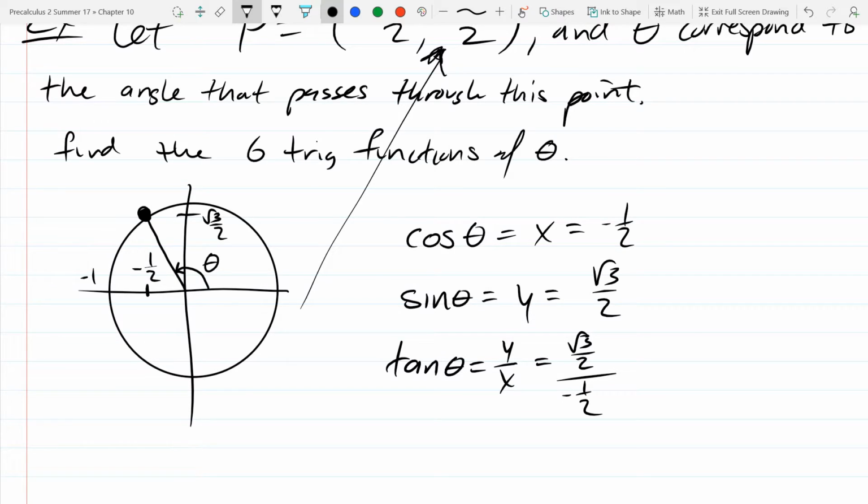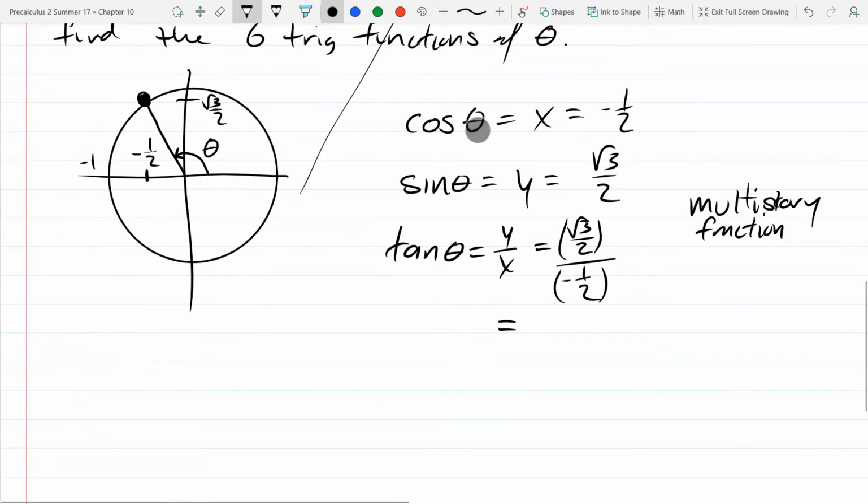Here we have a multi-story fraction. We have to deal with this immediately. Whenever you have a multi-story fraction, the first thing you have to do is take steps so you don't have one. So what we're going to do is multiply by the reciprocal, and I'll keep going downwards here and comment on the right side.